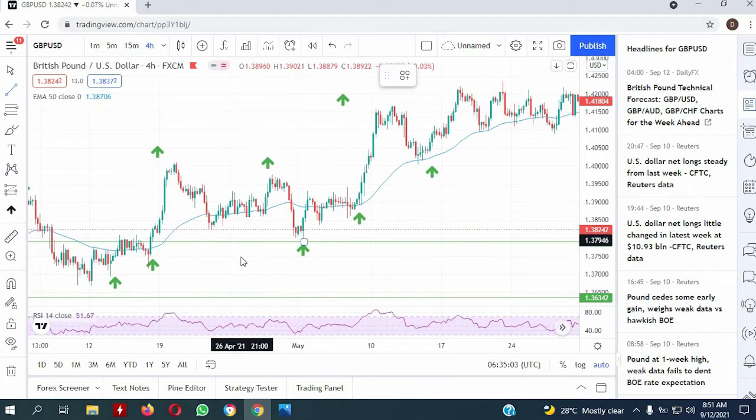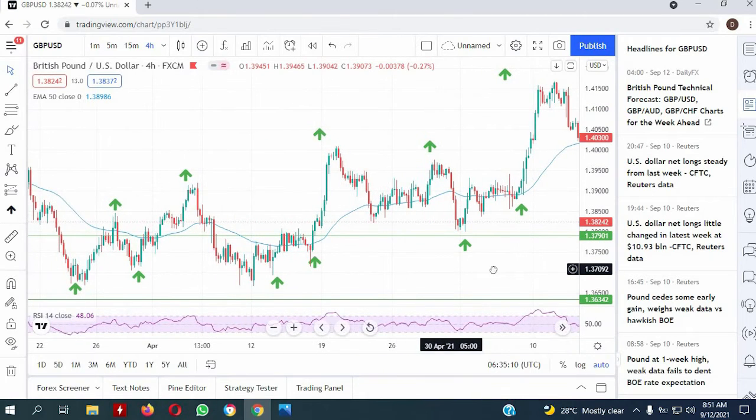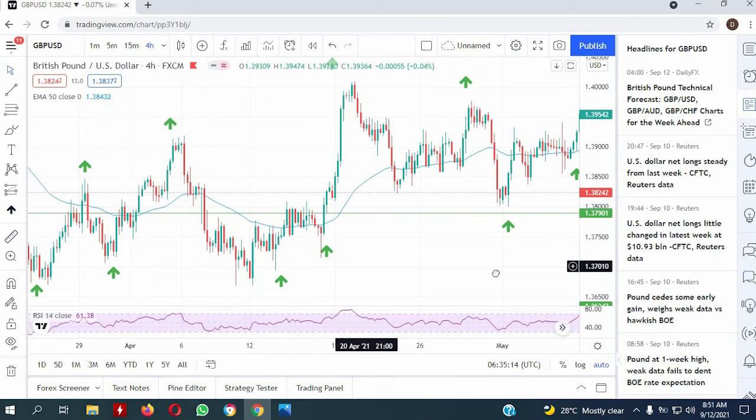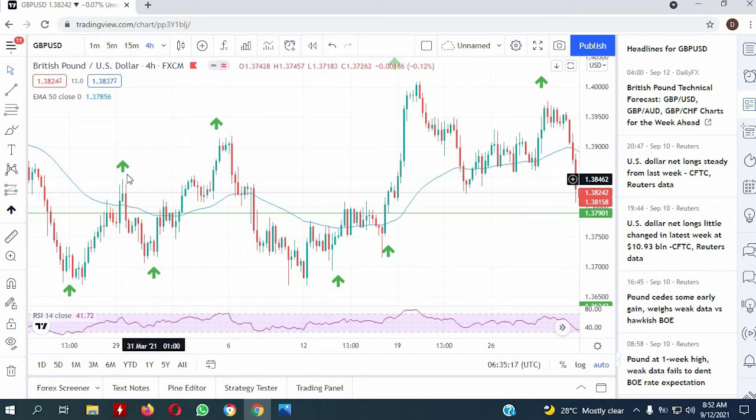Our trend line is drawn from the lowest point of the first higher low, at the close of the candle, not the wick, to the close of the second higher low, and at the top, from the close of the first lower high to the close of the second lower high.